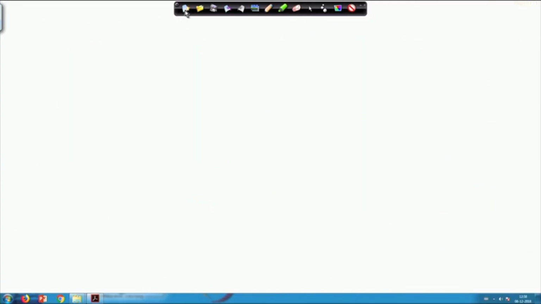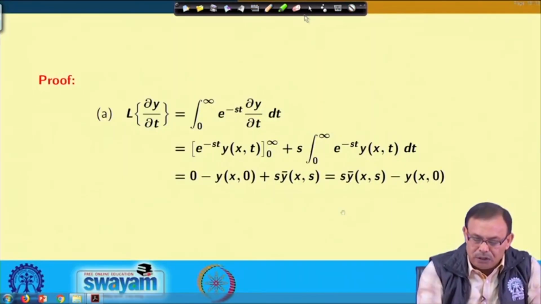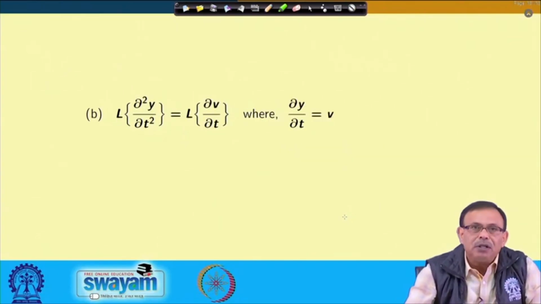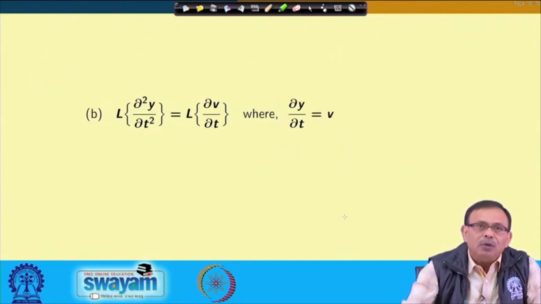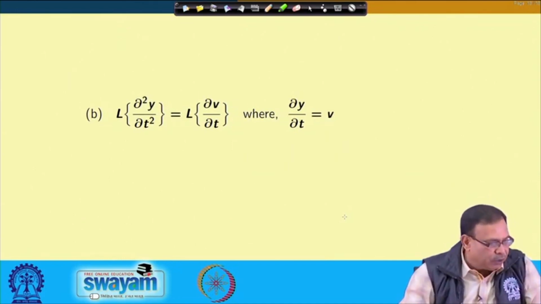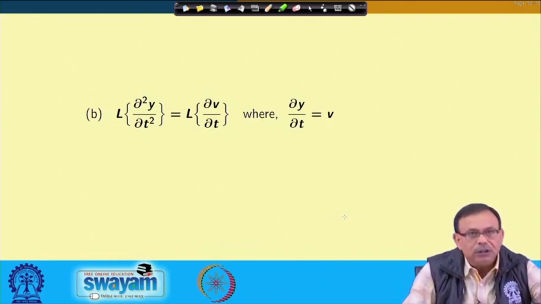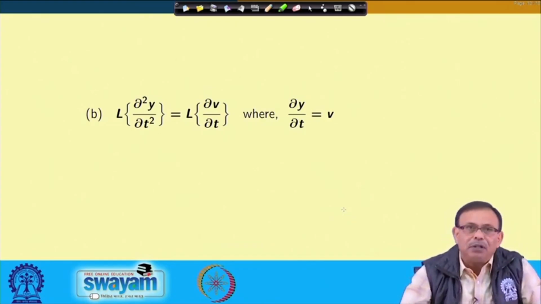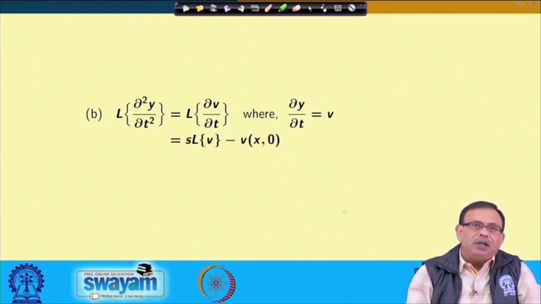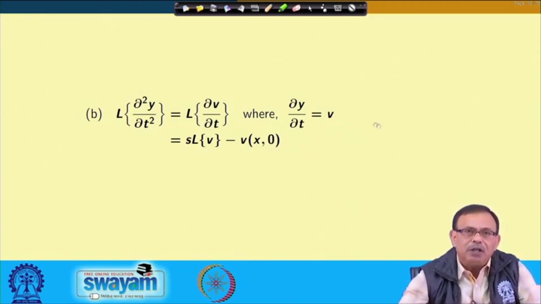If you see the proof of the next part, in the same way we write it as the Laplace transform of del v del t, where del y del t equals v. The Laplace transform of del v del t is s into the Laplace transform of v, minus v x 0.